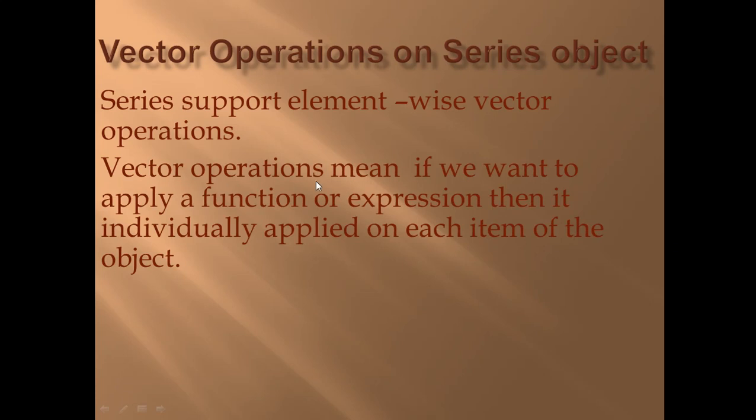So vector operations mean if we want to apply a function or expression, then it is individually applied on each item of the object. So this is the meaning of vector operation: if any function or expression we want to apply on the series, then it will be applied individually on each item of the series object.